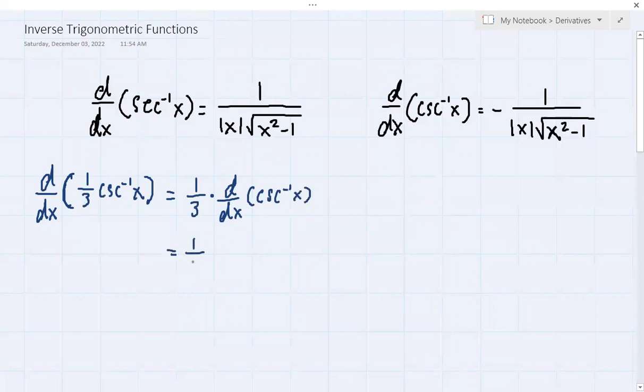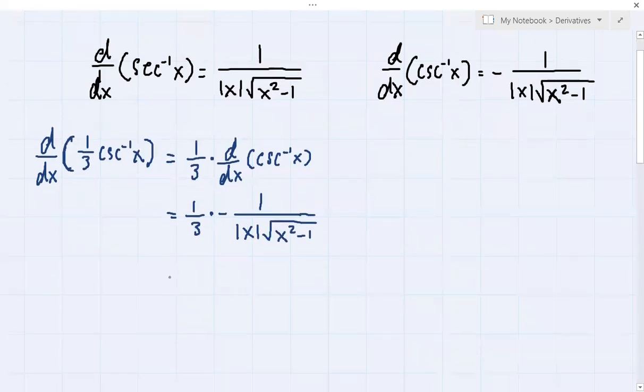So magiging ano na to? 1/3 times? Ano ulit yung derivative ng arccosecant? This is negative 1 all over absolute value of x times the square root of x squared minus 1. So multiply them together, we will have negative 1 all over 3 times the absolute value of x times the square root of x squared minus 1.